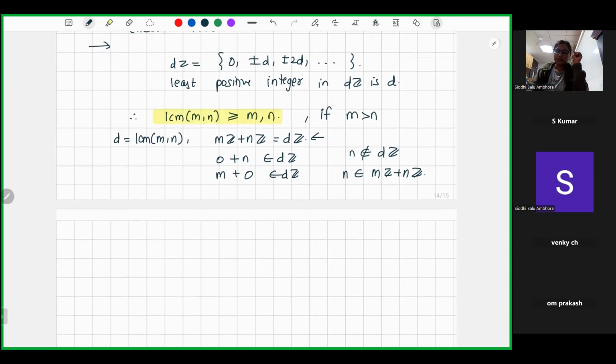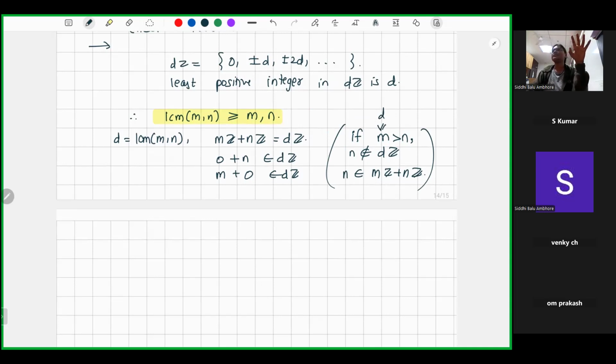This is relevant here. M is less than or equal to d.